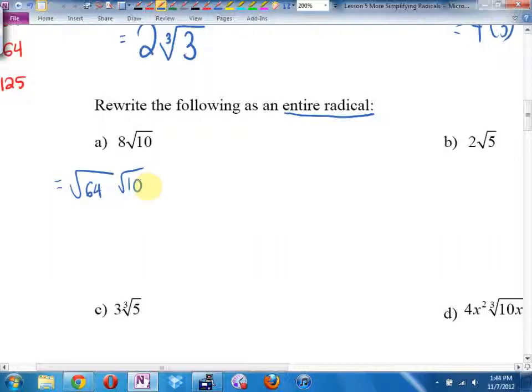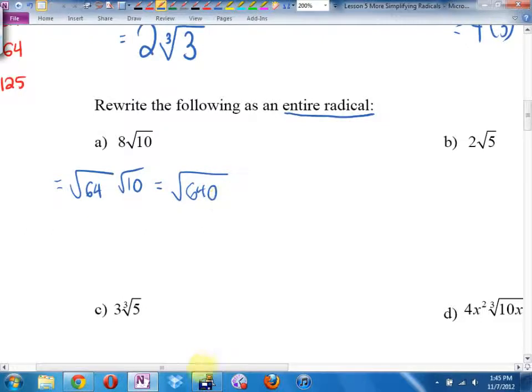Which means I must have had my original question being what? Root 640. If I want to write 8 root 10 as an entire radical, it's root 640. How do I know it's an entire radical? Is there anything in front of the radical sign? No. You mean everything is entirely inside the radical? It's entire.